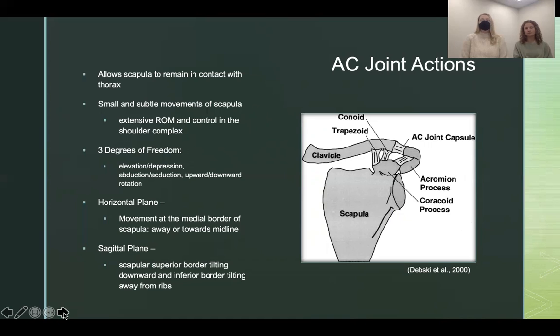On the horizontal plane, the acromioclavicular joint allows movement at the medial border of the scapula away or towards the midline. And on the sagittal plane, there can be movement for the scapular superior border tilting downward and inferior border tilting away from the ribs.